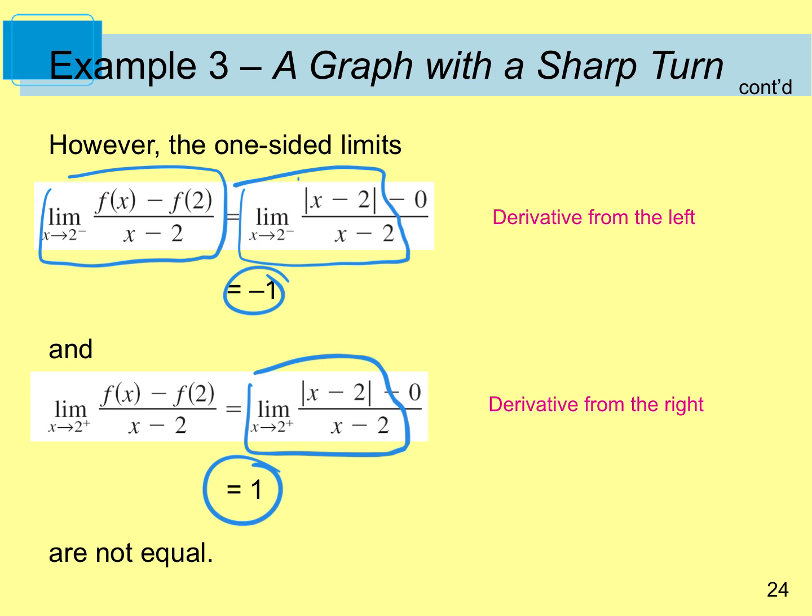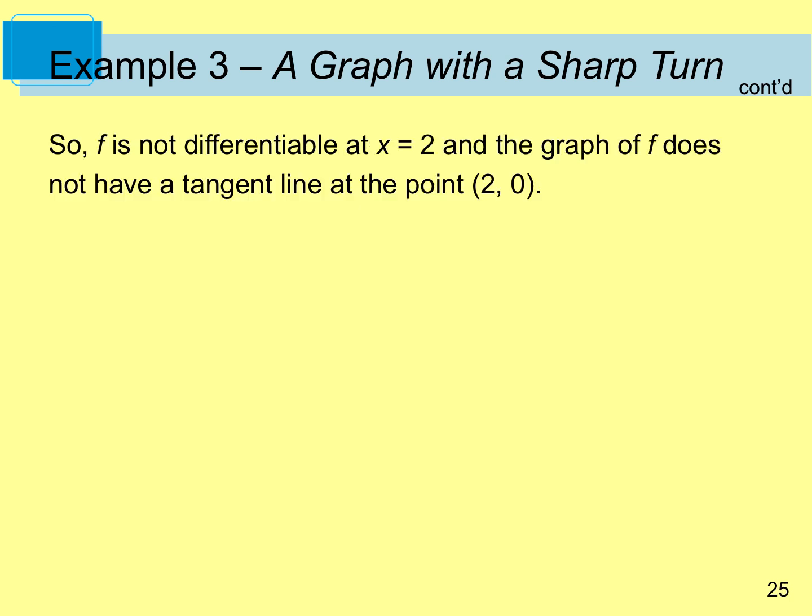So since we get different values, since they are not equal, then we can't take the derivative. It would be not differentiable. Can't take the derivative here. So f is not differentiable at x equals 2, and the graph of f does not have a tangent line at the point 2, 0.